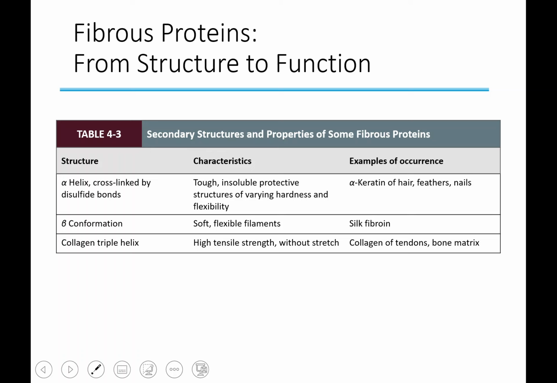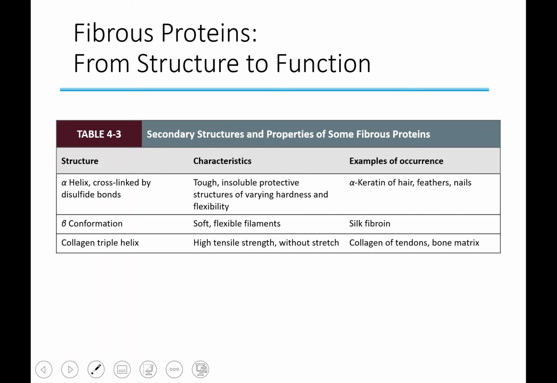An alpha helix, a cross-linked alpha helix, that's the main structure that alpha keratin uses. A beta conformation is silk fibroin, and what's known as the collagen triple helix is the structure collagen uses, and their characteristics are defined here.